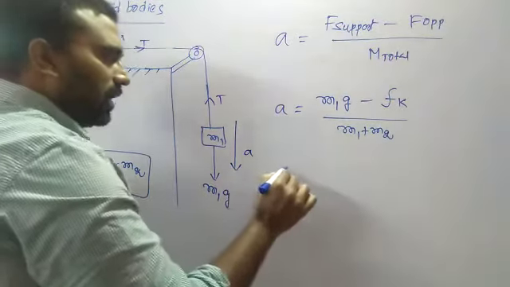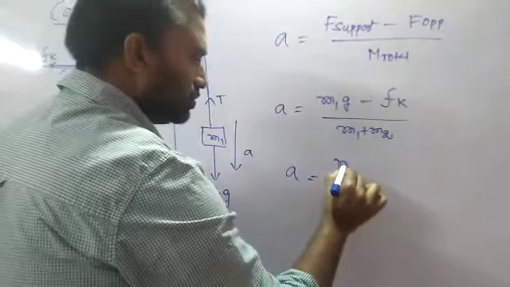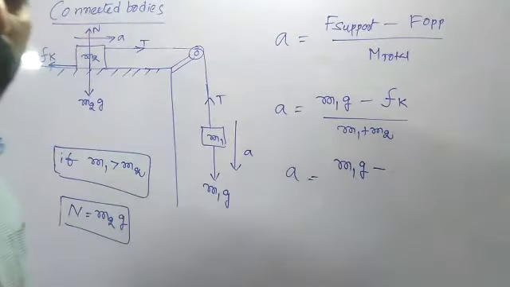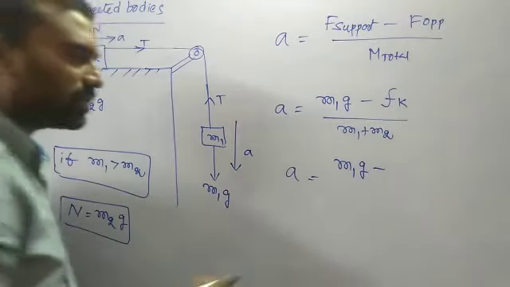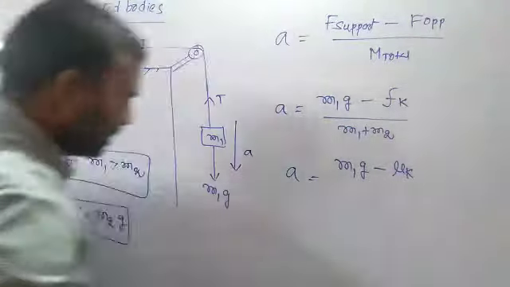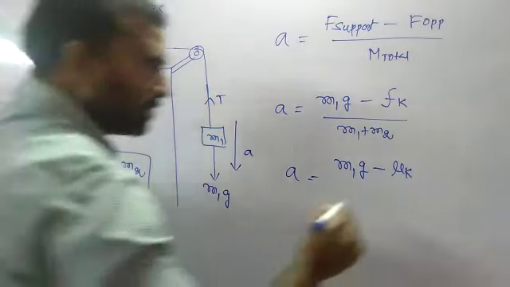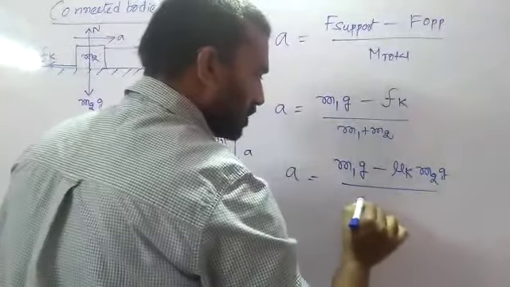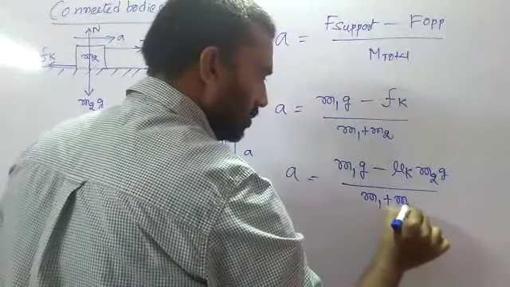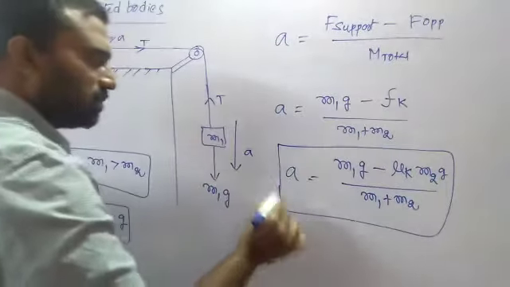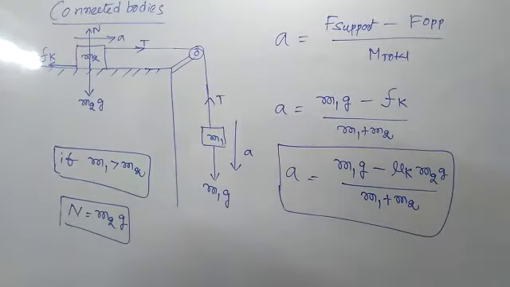Therefore acceleration A is equal to M1G minus kinetic friction, divided by M1 plus M2. Kinetic friction is mu k times normal reaction, and normal reaction is M2G. So this is the acceleration of the system.